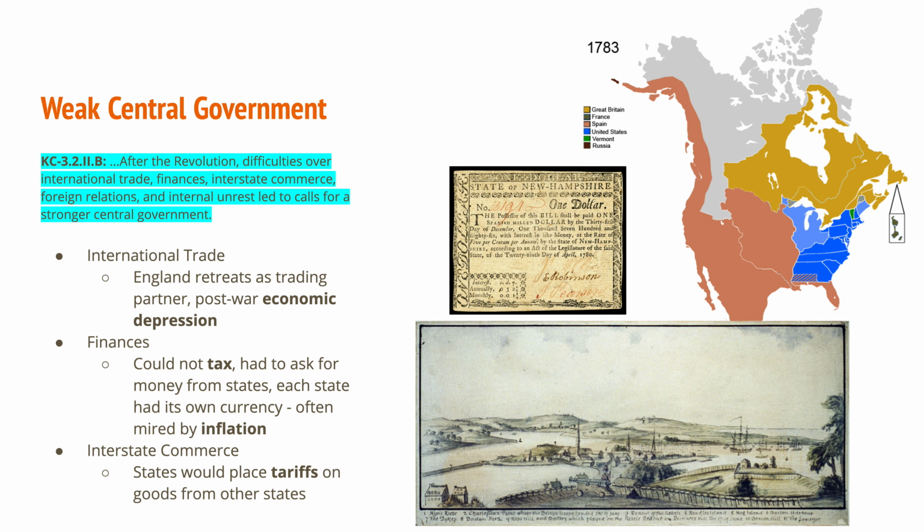So the currency that they were using in the states was really kind of worthless. So there is one example of such currency here on the slide from the state of New Hampshire. They could print as many of these as they wanted to in order for their economy to continue. With interstate commerce, the states could place tariffs on one another. They saw each other as economic competitors.